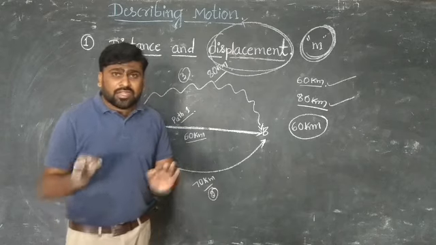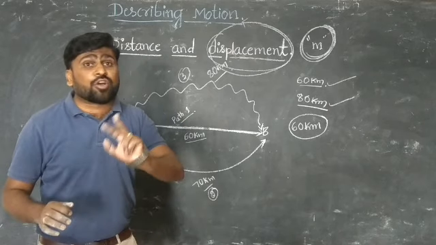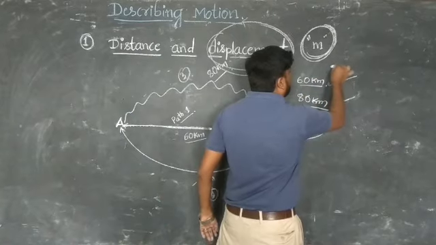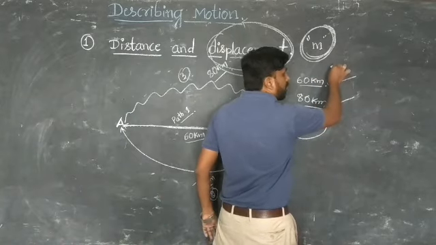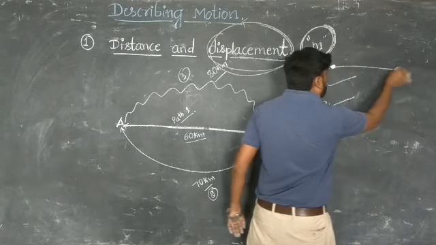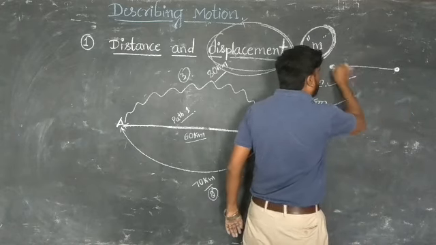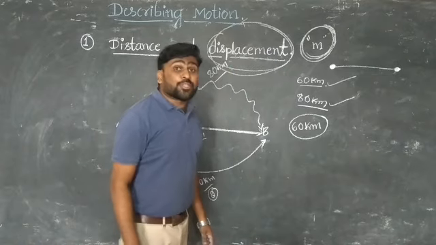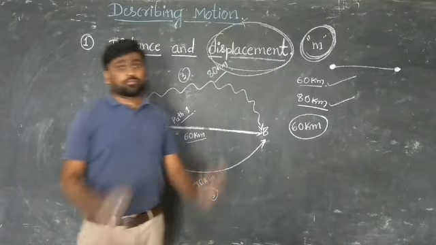Clear? Regarding displacement, it is the change of position. If you look, I am here. Clear? I have gone from here to here. Change of the position from one place to another place, that is called displacement.